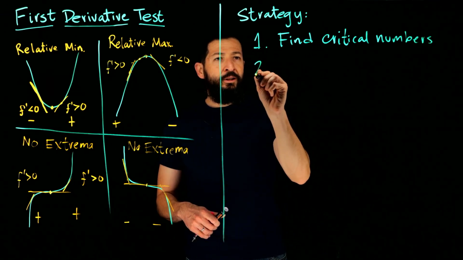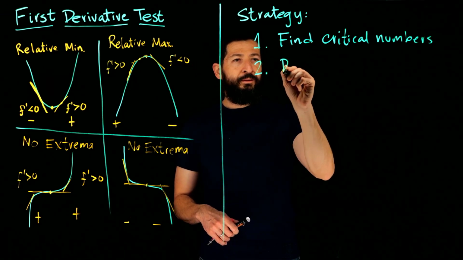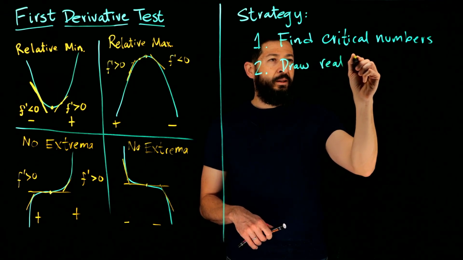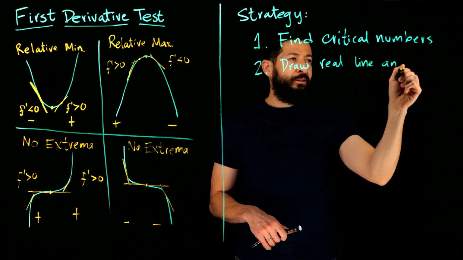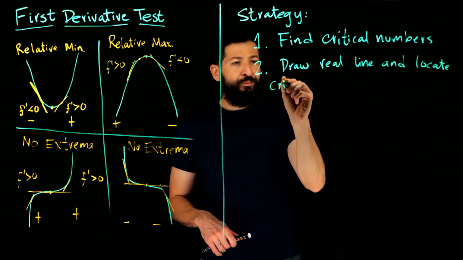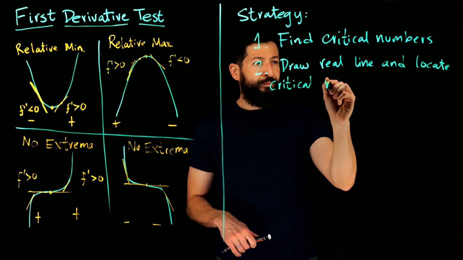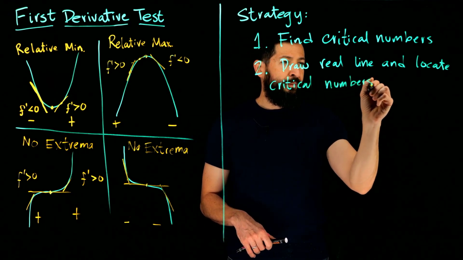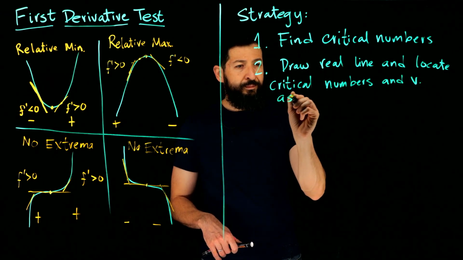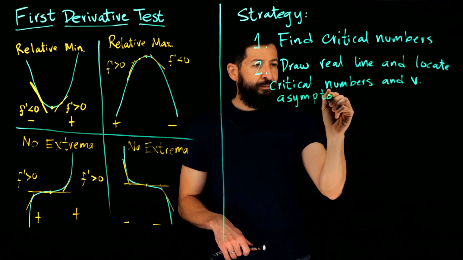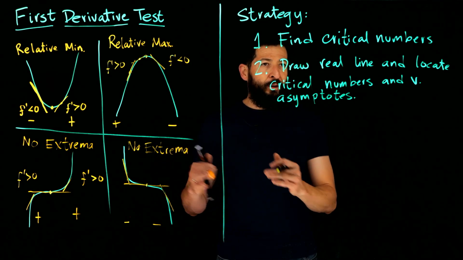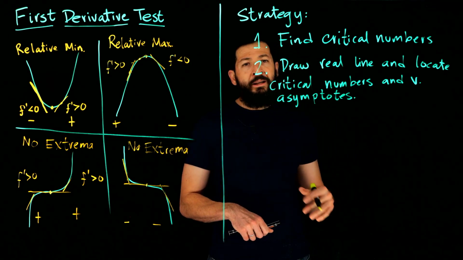Once you have that, number two, you're going to draw your real line and locate critical numbers and asymptotes, vertical asymptotes. Of course, you're only going to consider the domain of the function, so if you have to chop out a part of the real line because it is not in the domain, you do that as well.